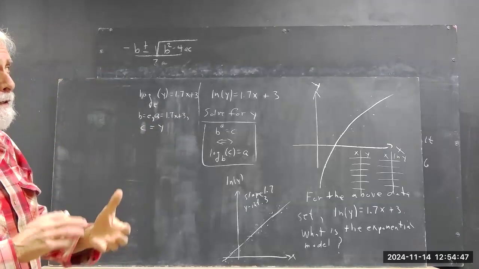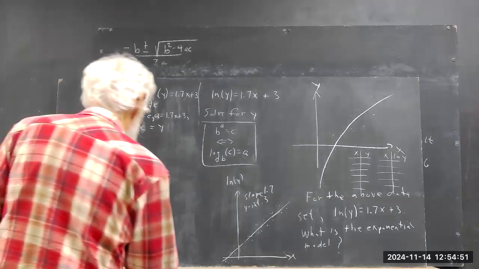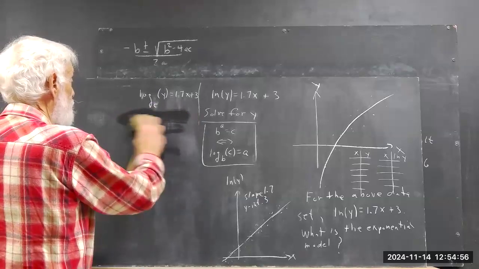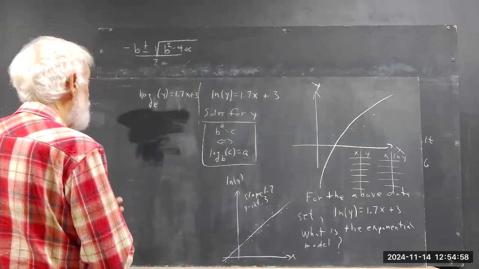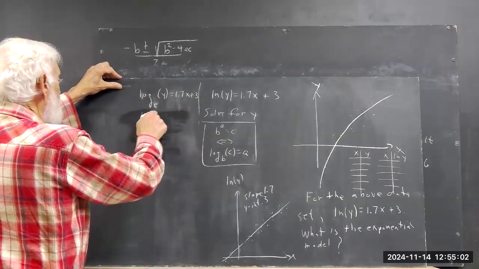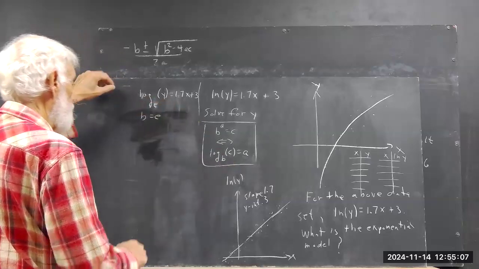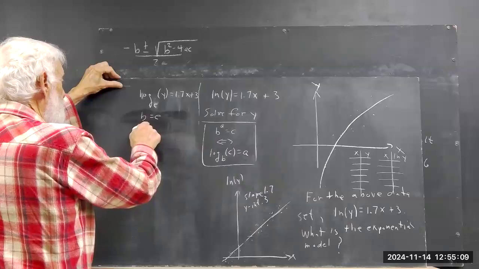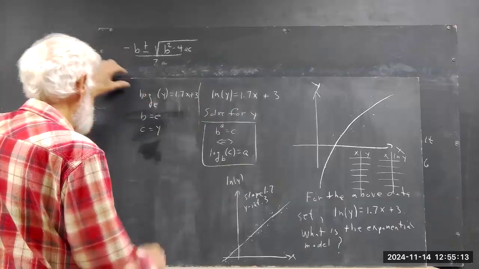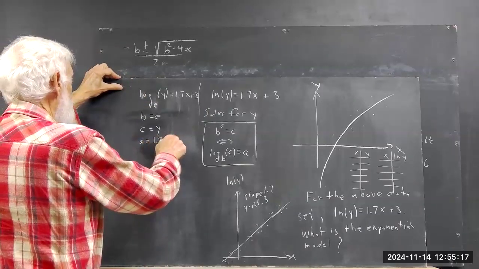Okay, A, B, C. Sorry. Let me write that more coherently. Okay, this matches this if B equals e. C is what's in parentheses, so C equals y. And A is on the other side of the equal sign. A equals 1.7x plus 3.